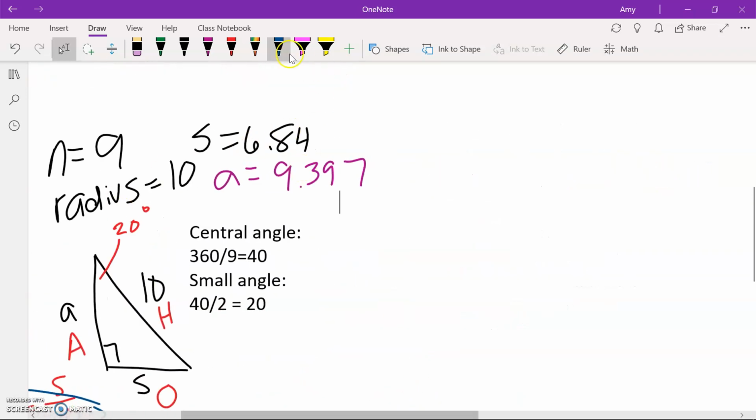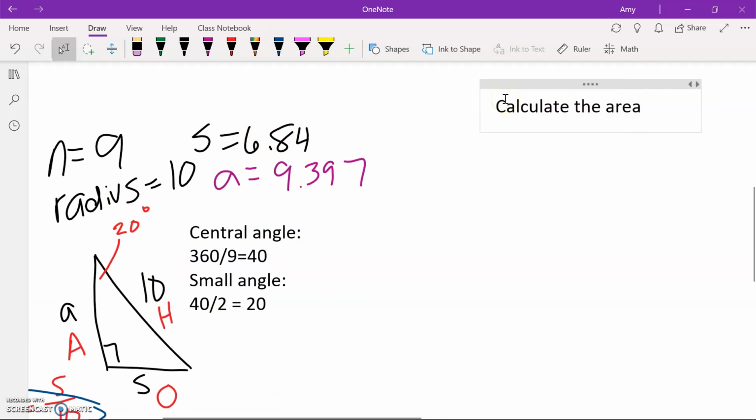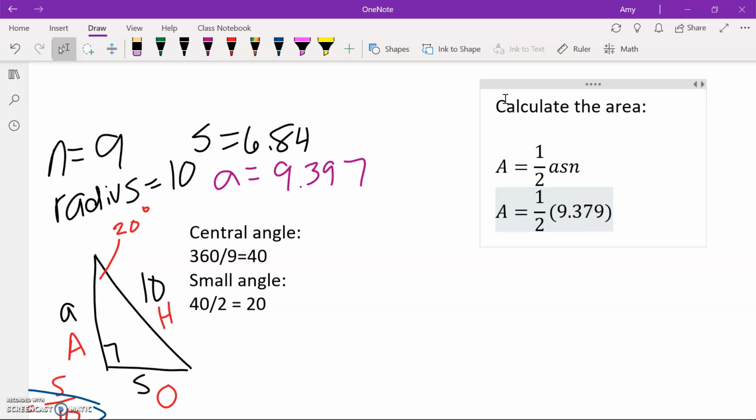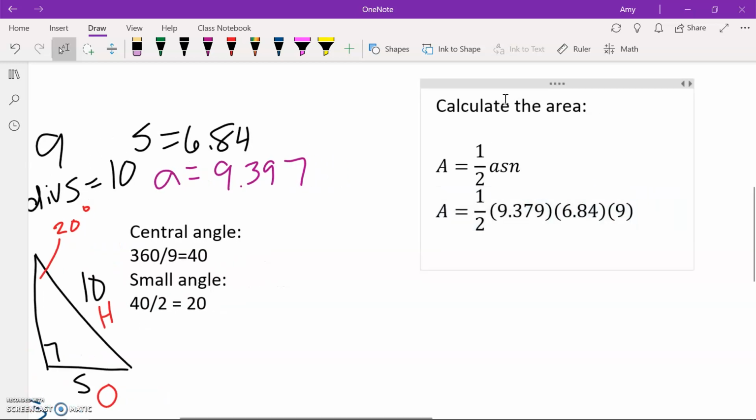Now that we have all of those values, we can actually calculate the area. And we remember that our area is 1/2 apothem times the side times the number of sides. So that would mean that our area would be 1/2 times the apothem, 9.397, times the side, which was 6.84, times the number of sides, which was 9.